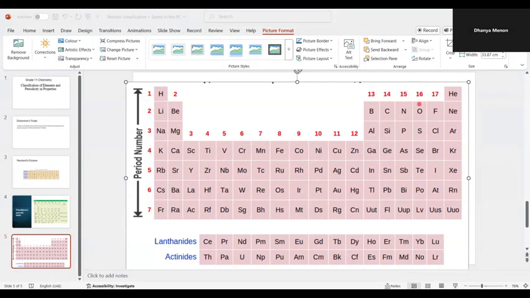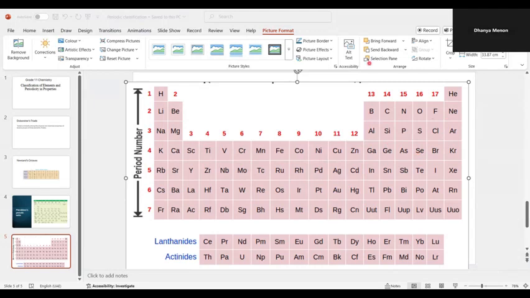All of them are called p-block elements because the valence electron, or the last electron, enters the p subshell. They have some metals, more non-metals, and some metalloids here. So from 13 to 18 is the p-block.